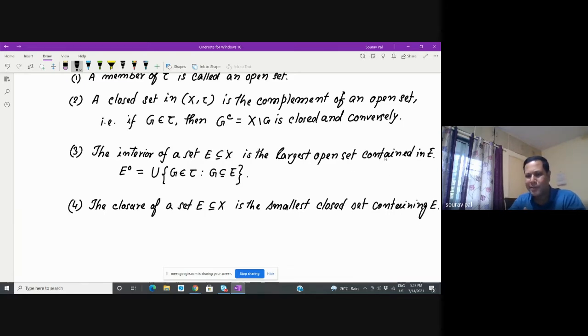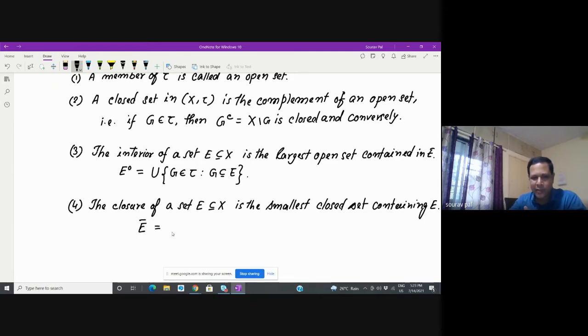Here the interior is the largest open set contained in E, and this is the smallest closed set that contains the set E. We use this notation for closure.